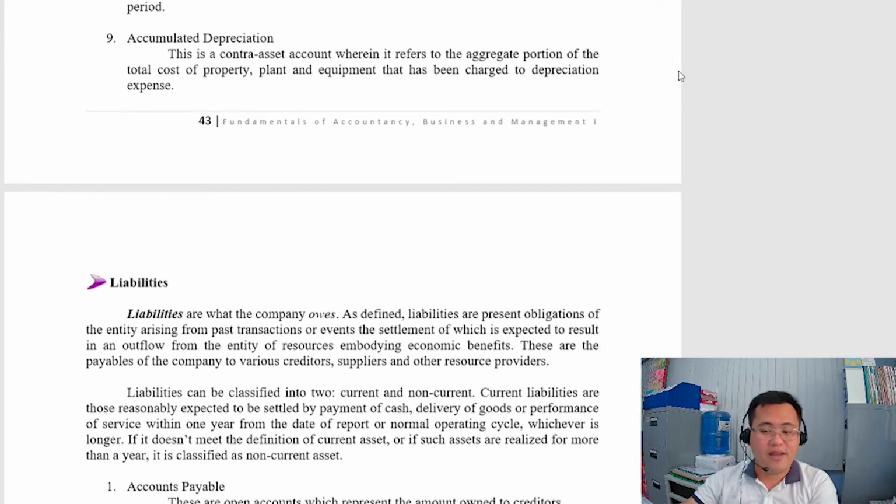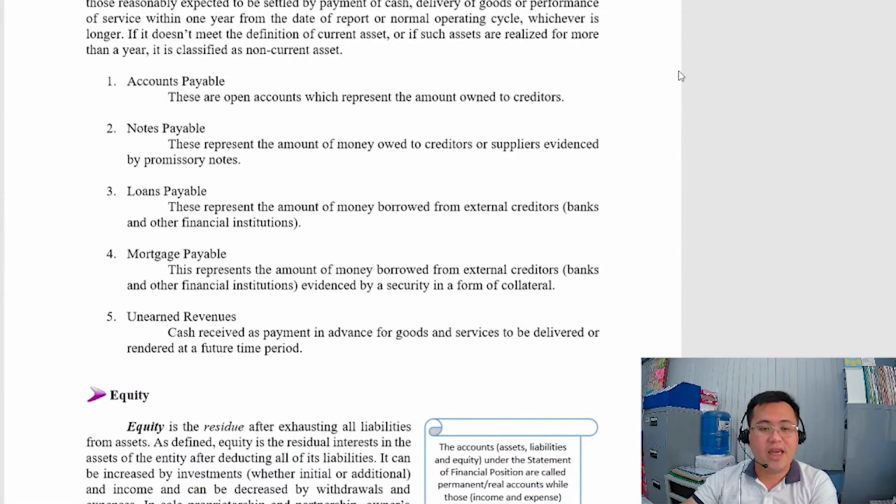So we have examples of liabilities. Number 1, accounts payable. This is open accounts which represent the amount owed to creditors. Same with accounts receivable, these are not evidenced by promissory notes, but are open accounts being set up under our names. For notes payable, these are evidenced by promissory notes.